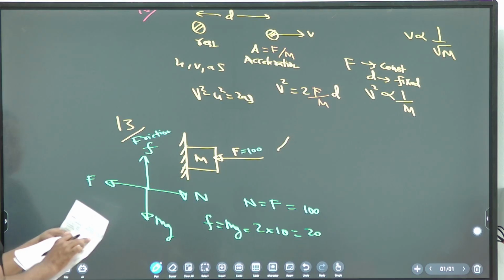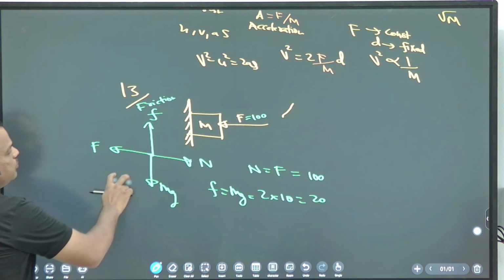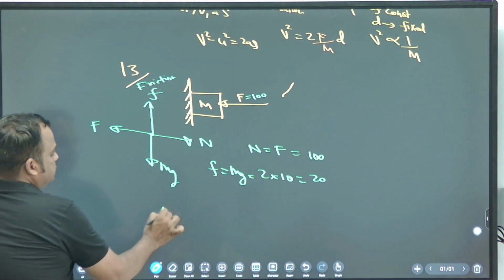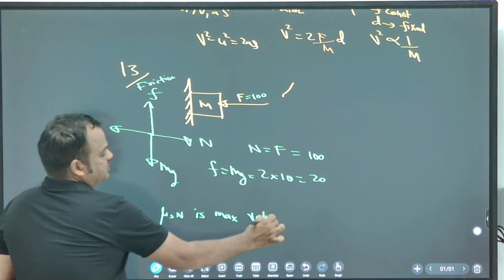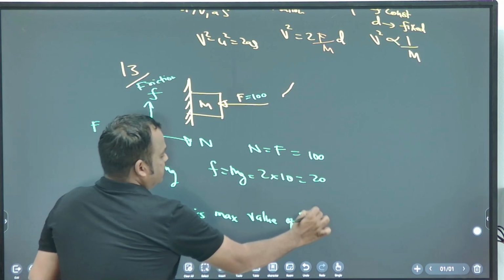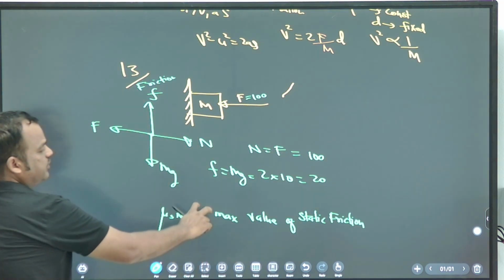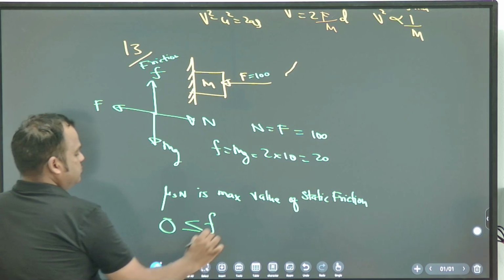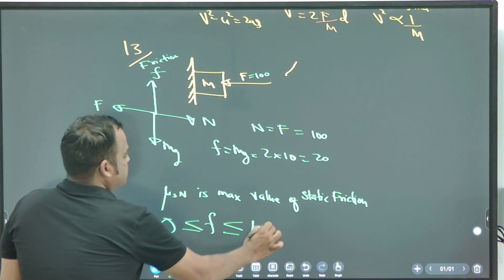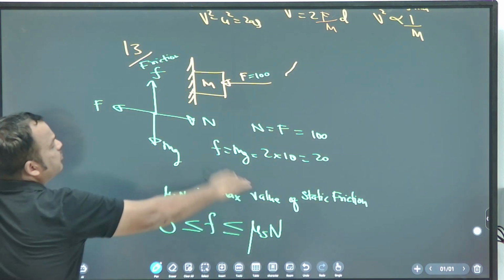Mu s n is the maximum value of static friction. What is the minimum value? 0. So here there is no need to apply mu s n.